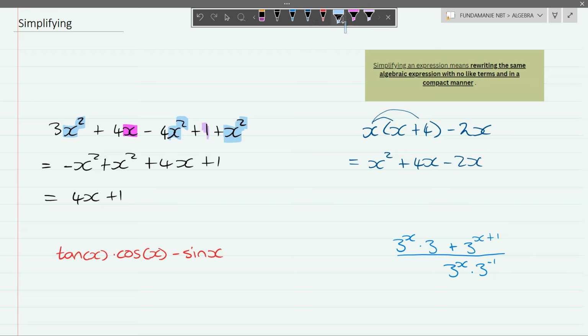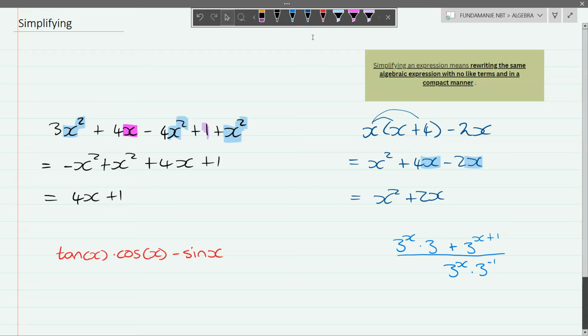And then again we can identify like terms, 4x and 2x. Combining these we get an answer of x squared, 4x minus 2x, that will give us plus 2x, which will be our final answer, which is the simplified version of this original one in its most compact manner.